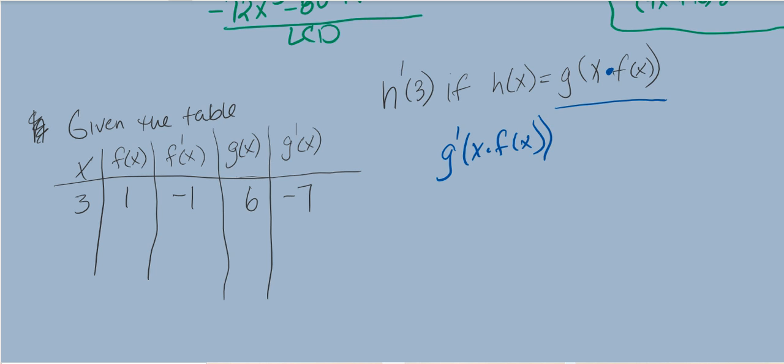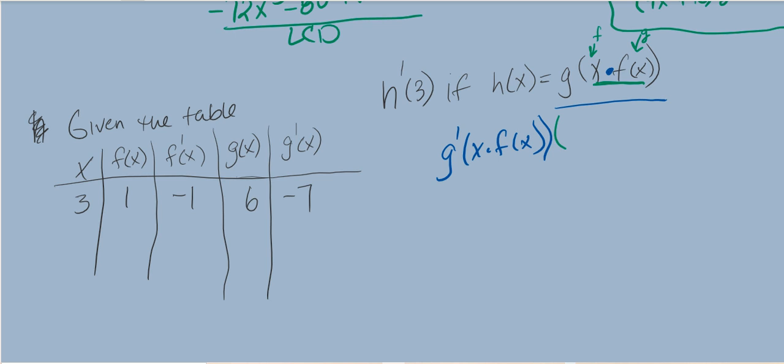But now we need to take the derivative of what is on the inside. So this is x times f of x. That means the f in terms of the product rule is x, and the g in terms of the product rule is f of x. So that would be times the derivative of the first. So what's the derivative of the first?